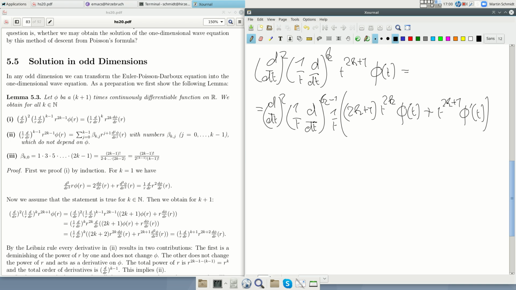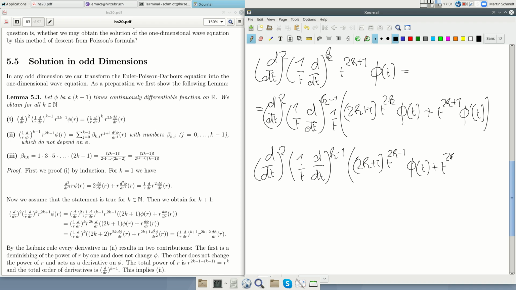Now let's put this r inside, and we have d by dr squared, 1 over r d by dr, this whole power to the k minus 1. And what we have is 2k plus 1 r to the power of 2k minus 1 phi of r plus r to the power 2k phi prime of r.